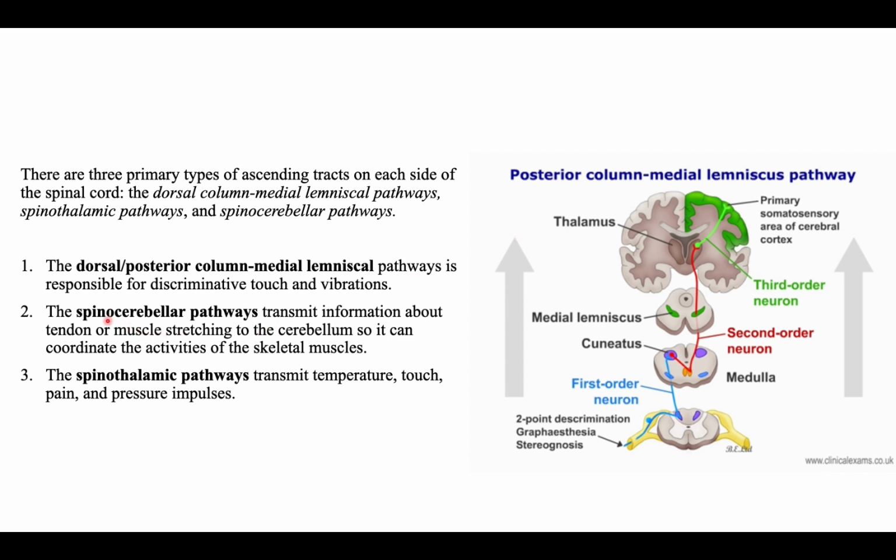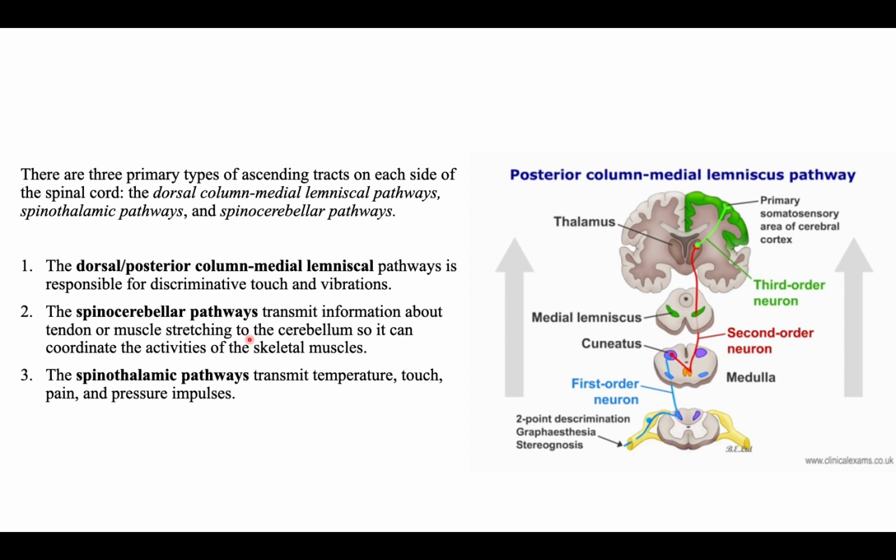Then you also have another pathway known as the spinocerebellar pathway, from the spinal cord to the cerebellum. It transmits information about tendon or muscle stretching to the cerebellum, so it can coordinate the activities of skeletal muscles. Usually this one is quite straightforward, as we will see, from the spinal cord straight to the cerebellum. So it is usually an unconscious pathway.